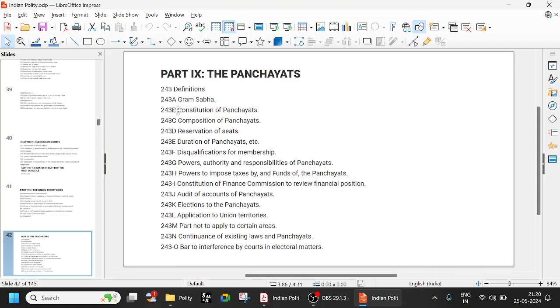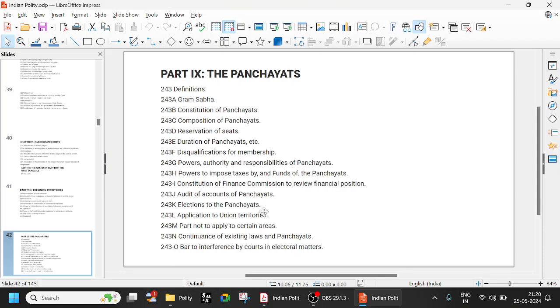So Gram Sabha constitution, composition, reservation, duration, and disqualification, powers to impose taxes, and audit of accounts, constitution of finance commission to review finance. So regarding the panchayats also 243I, there is a constitution of finance commission to review the financial position, and K elections, L is application to union territories.